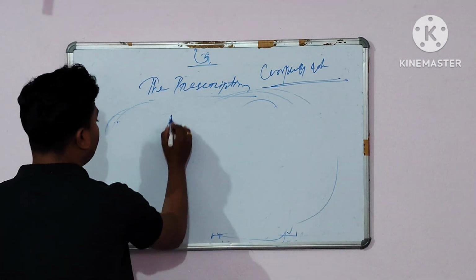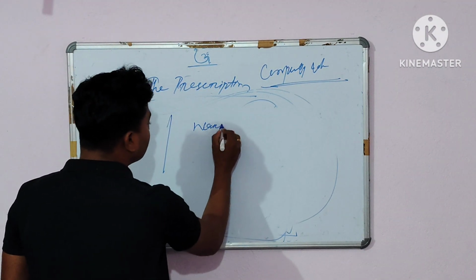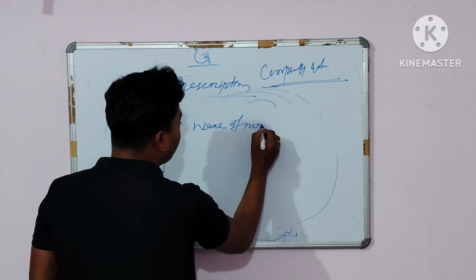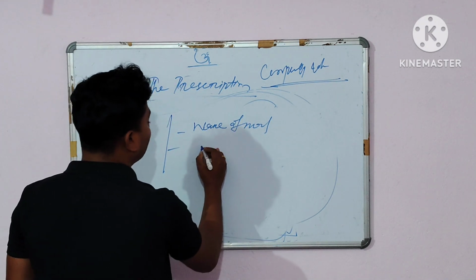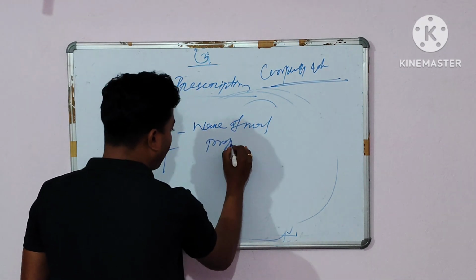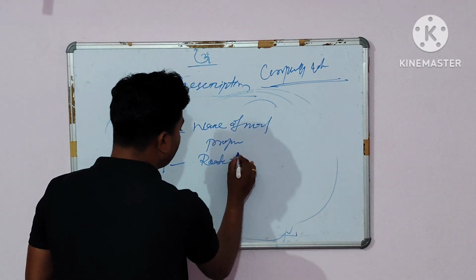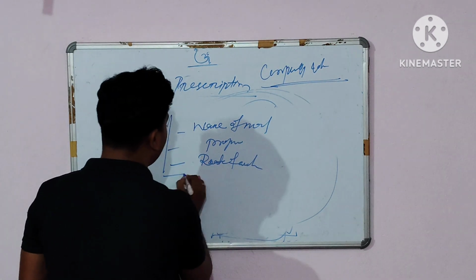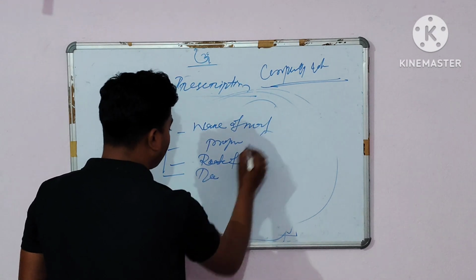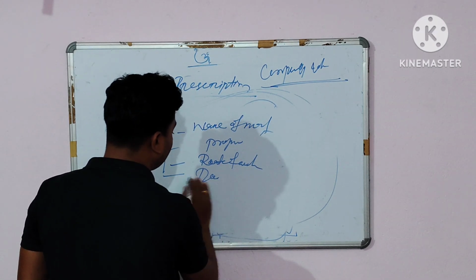And again, that prescription includes the name of the medicine, and their proper quantities, or route of administration, and dose, those quantities, and frequency.